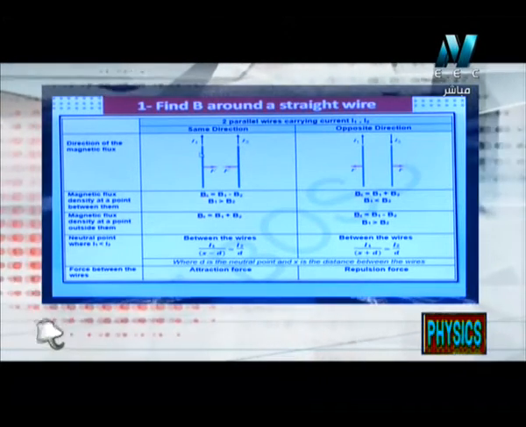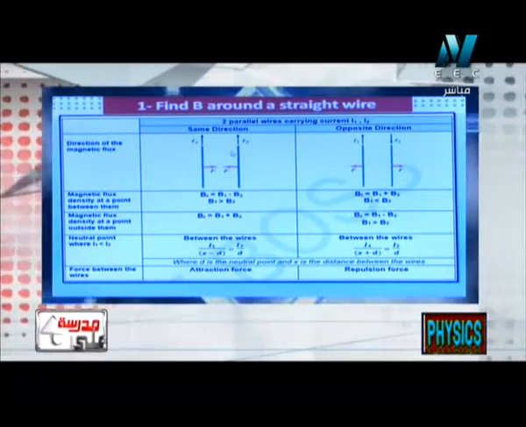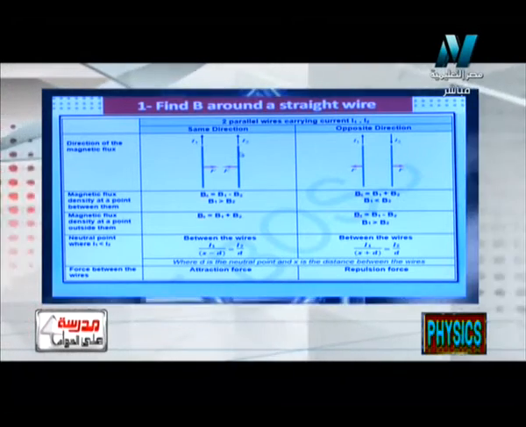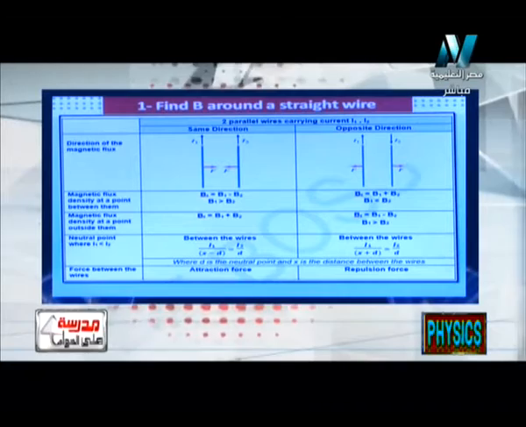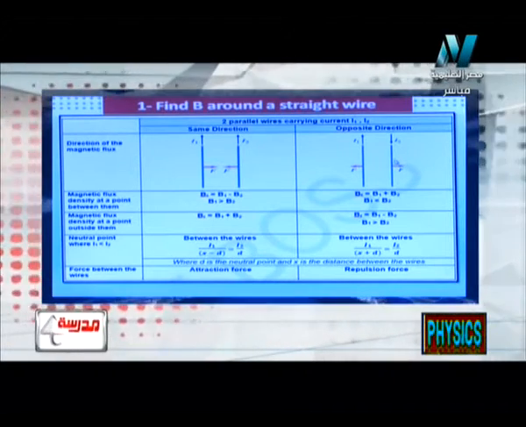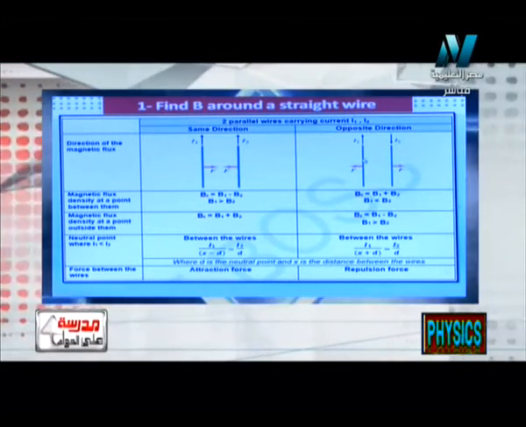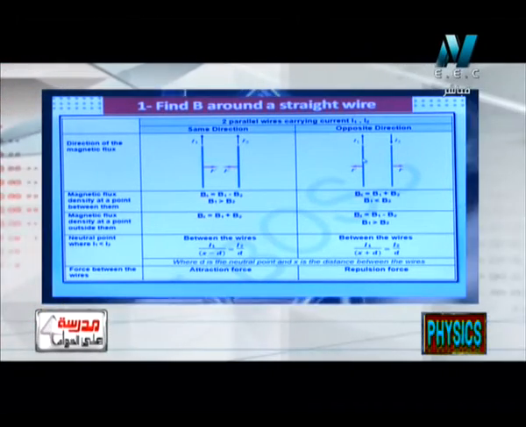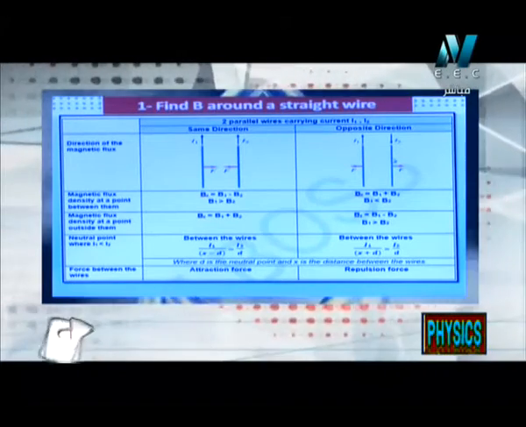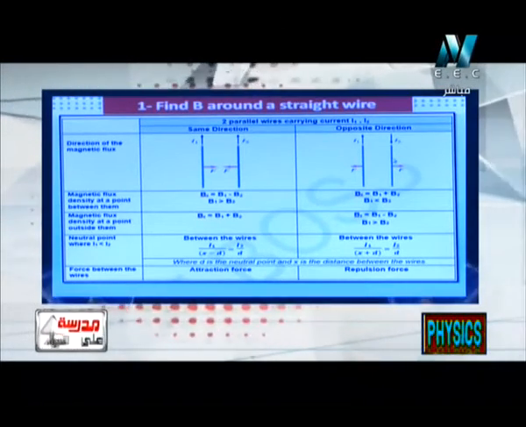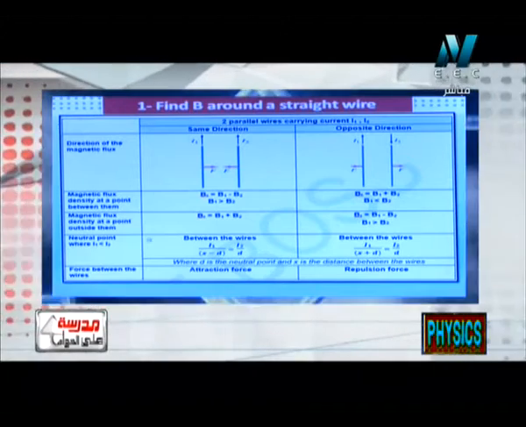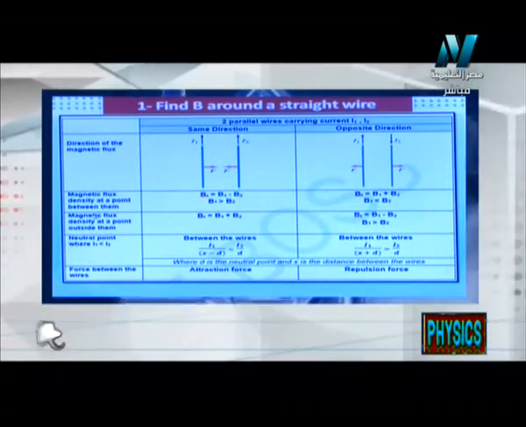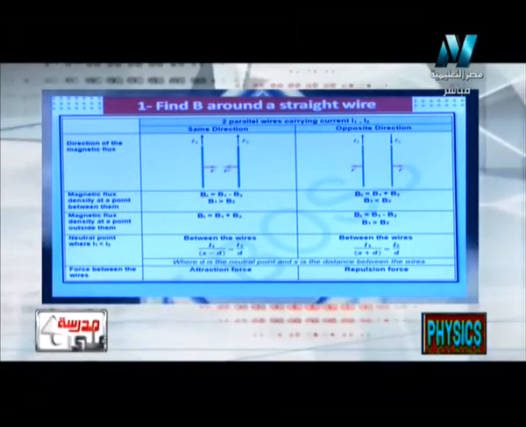The first wire carries I1, the second wire carries I2. And of course, the distance between them is D. In the second column, the first wire carries current I1, the second wire carries current I2, but in opposite direction. What about the magnetic flux density at a point between them?